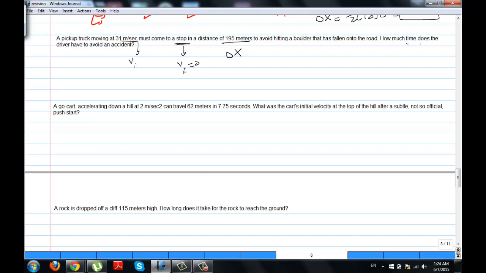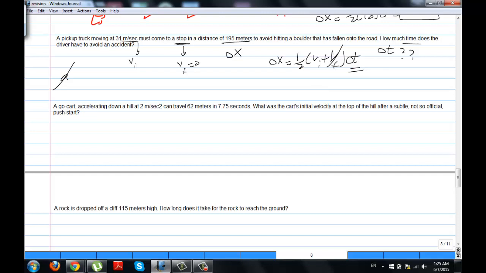How much time, I need delta T? What is not mentioned here as well? Also acceleration, so I need the first equation as well, which is half VI plus VF times delta T. VF is 0. Finish your problem, solve for delta T, and you will find your answer.